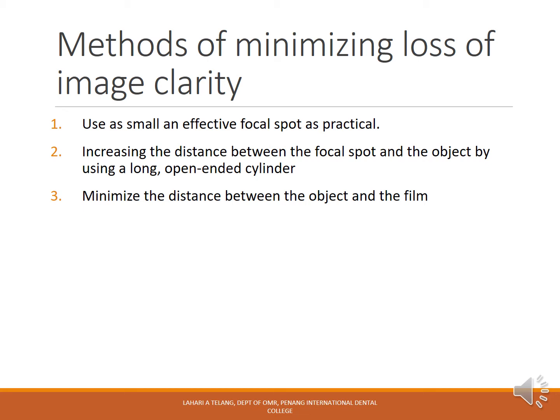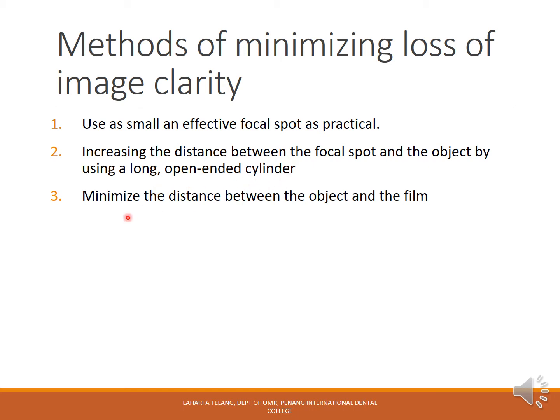So the methods of minimizing loss of image clarity would be to use as small an effective focal spot as practical, which is already built into your intraoral machine, and increasing the distance between the focal spot and the object by using a long open-ended cylinder. This can be done by choosing a device which already has a longer cylinder, so again, this comes from the manufacturer.